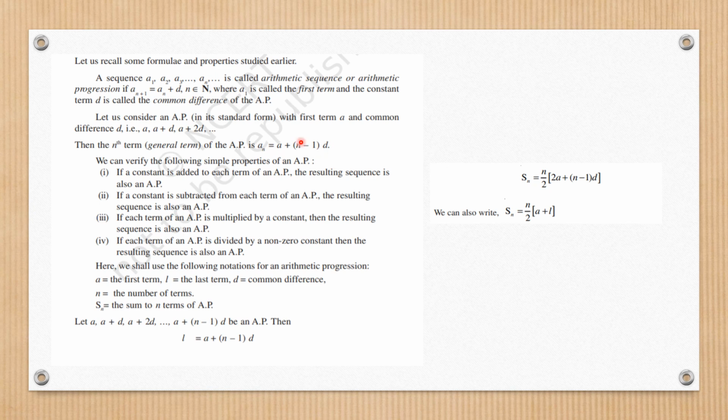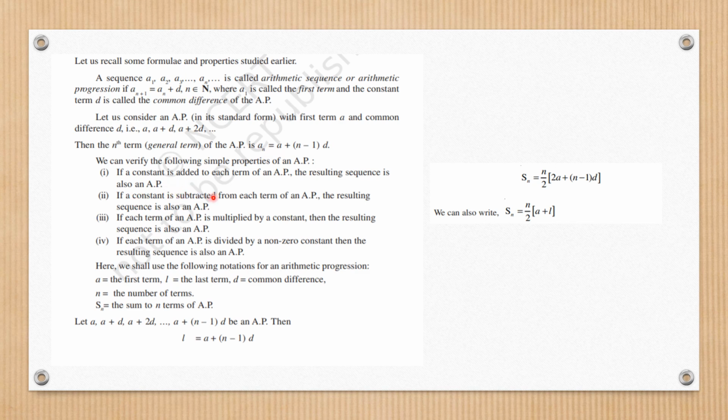Okay, now also we can verify some properties, and these properties are, if a constant is added to each term of AP, the resulting sequence is also an AP. Okay, you can add to each term a constant, and that will not affect its condition for becoming an AP. After that also it will be an AP.